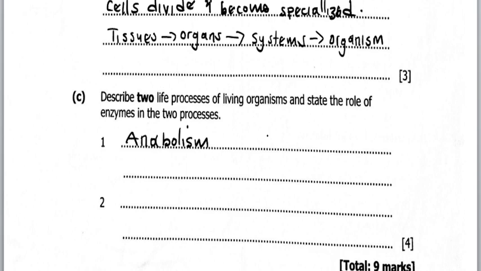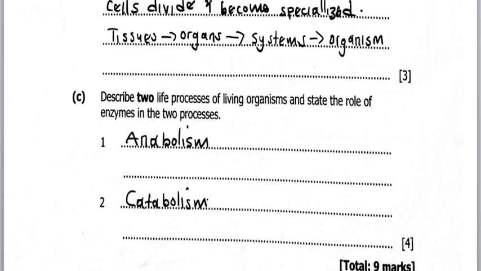The other type of reaction is called catabolism. Catabolism is also another type of life process. This is where large complex molecules are broken down to simpler ones. For instance, respiration or digestion. Then you look at the enzymes which are involved in both.